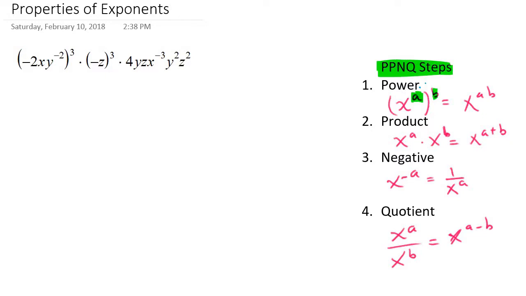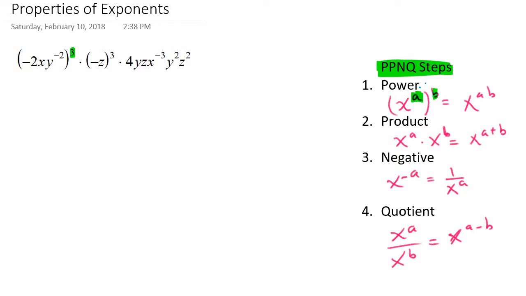All right, so let's see how it works with this one. As we can see, there's a power of a power involved because you have this parenthesis and then the exponent on the outside. So the first thing I would do is apply the power of a power to the expression. Let's go ahead and do that. This 3 over here, this power applies to every single element inside the parentheses.